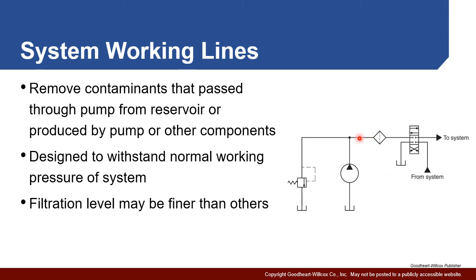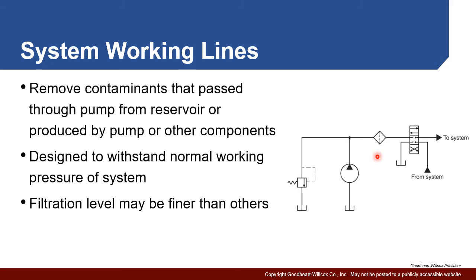And this location right here is going to be our point of maximum pressure. This is before any of the pressure drops caused by the system. So our filter has to be a pretty robust filtration device, and it needs to be able to function well in there.